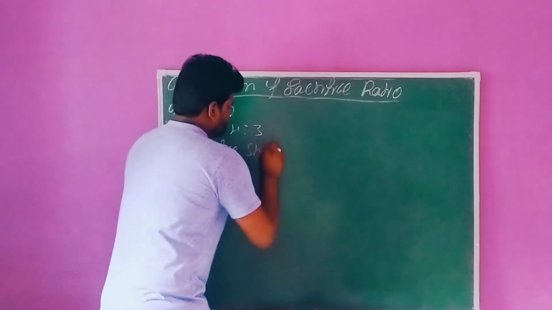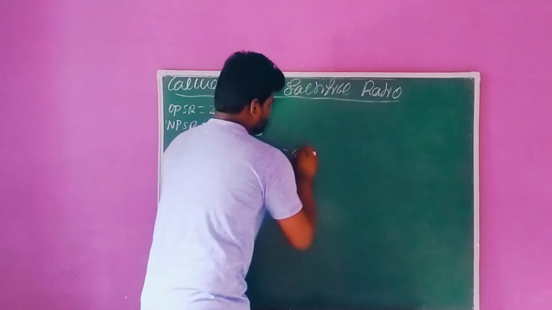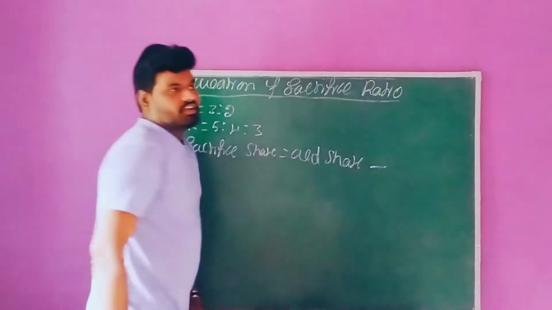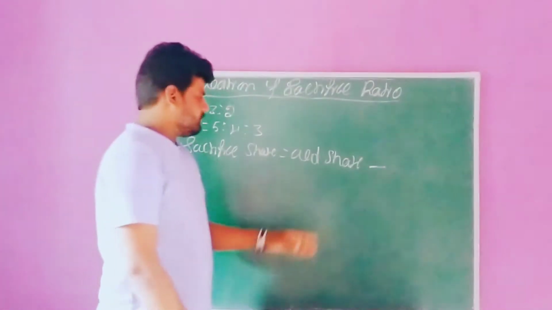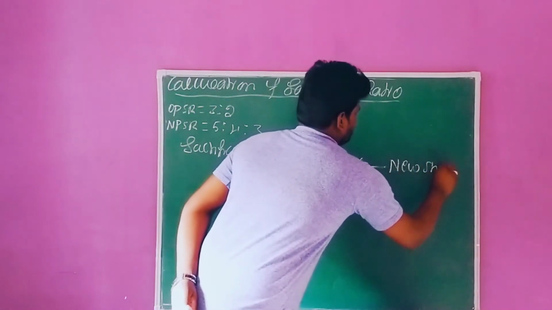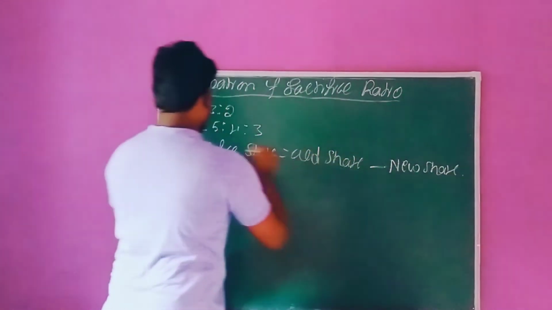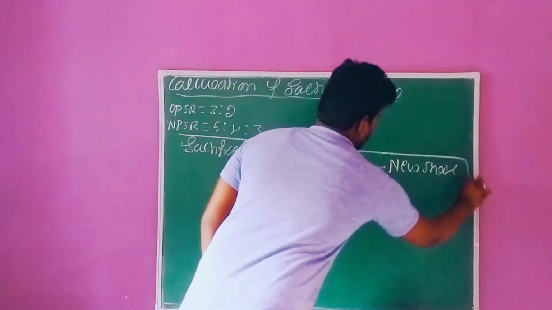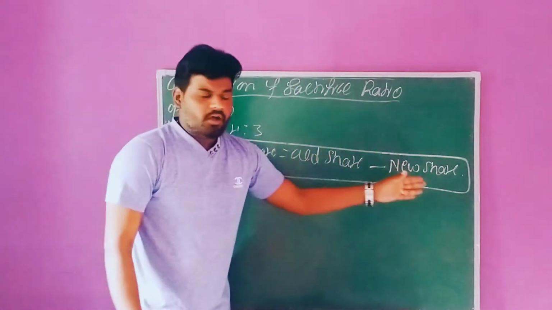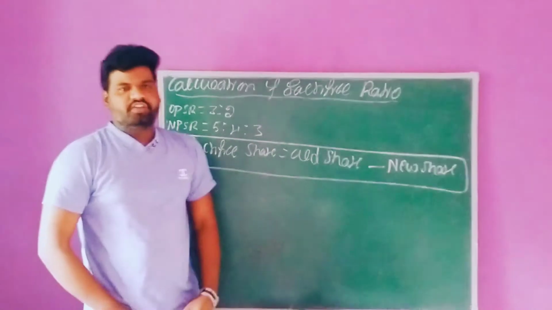Sacrifice share equals old share, or old profit sharing ratio, minus new share, or new profit sharing ratio. This is the formula for the calculation of sacrifice ratio.